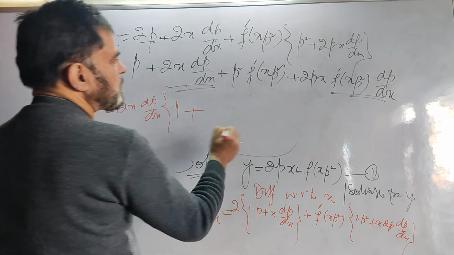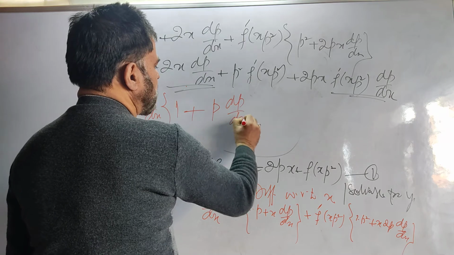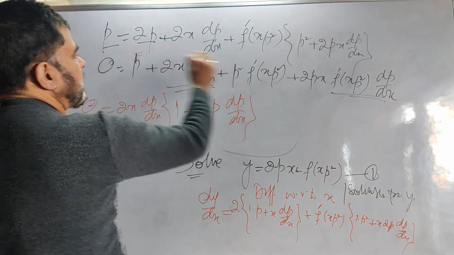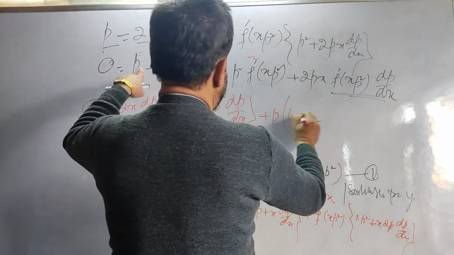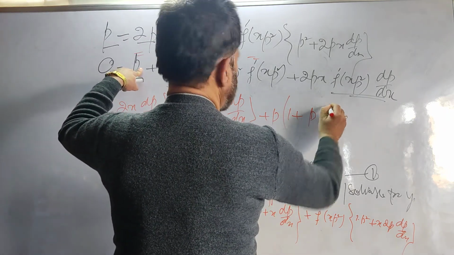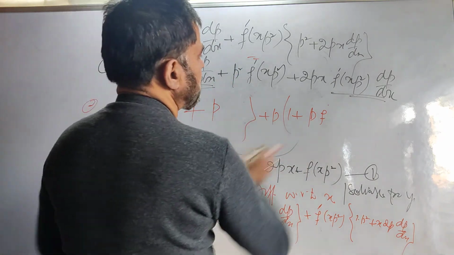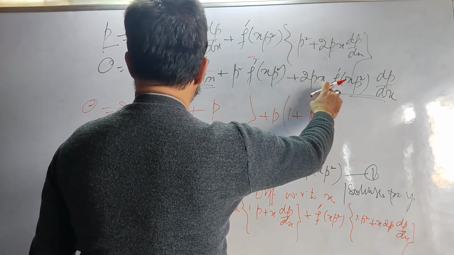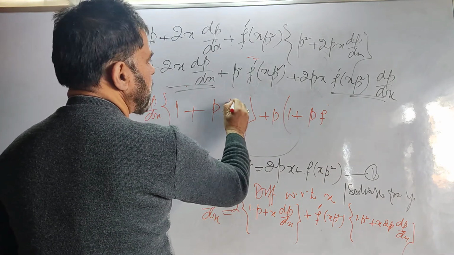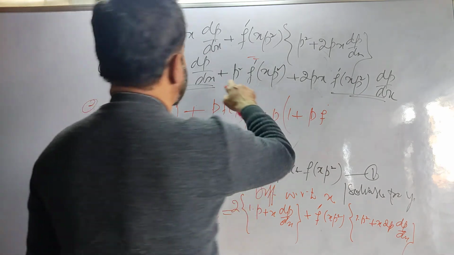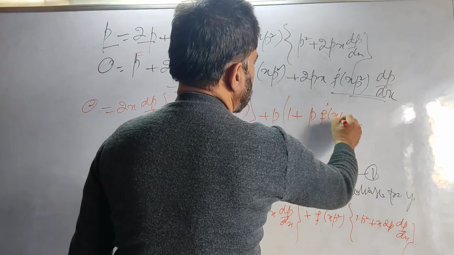Inside it is 1 plus 2x is out, it is p dp by dx, into, now connect this and this. From this you can take p common, it is again 1 plus p f dash xp square. Here also you look here, p is out, it is p f dash xp square.